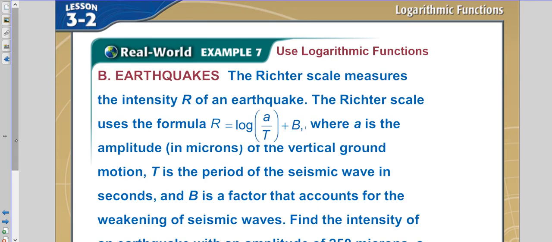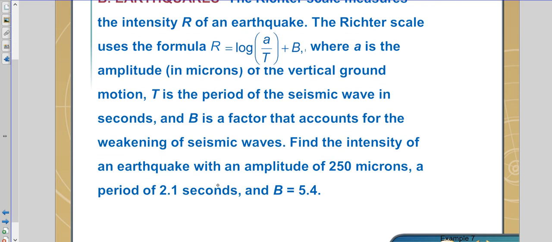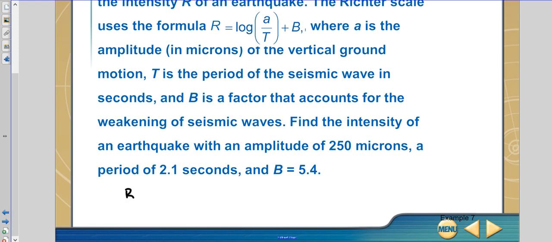So now, using the same problem, it says find the intensity of the earthquake with an amplitude of 250. Amplitude's the A, period of 2.1 seconds, that's the time, and B of 5.4. So basically what we want to know is what R equals when we have log of 250 over 2.1 plus 5.4.